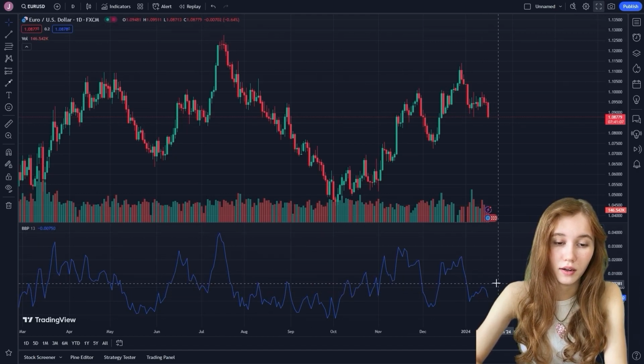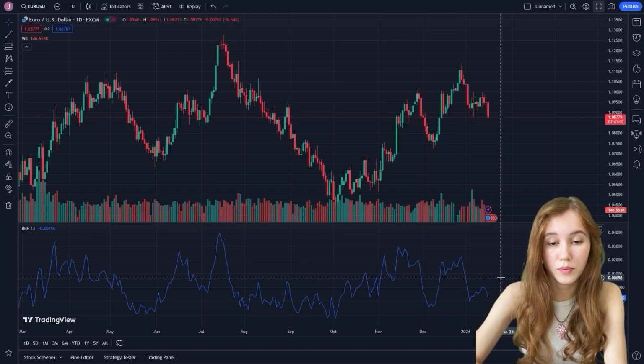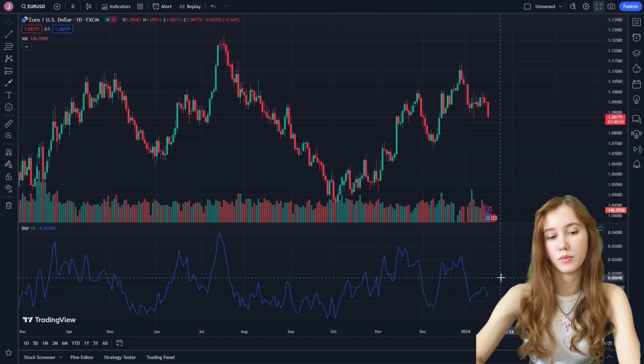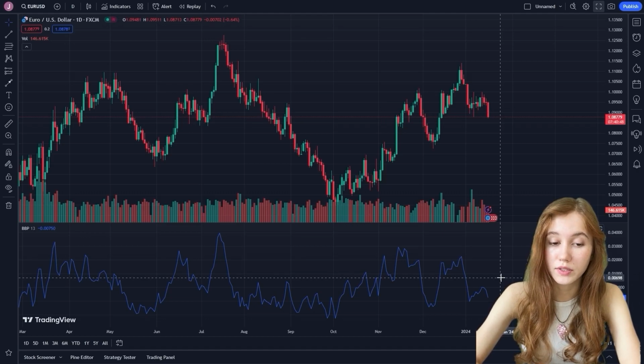We have a trend in the market. So let's start with the indicator. The Bulls indicator and this one have the same principle.